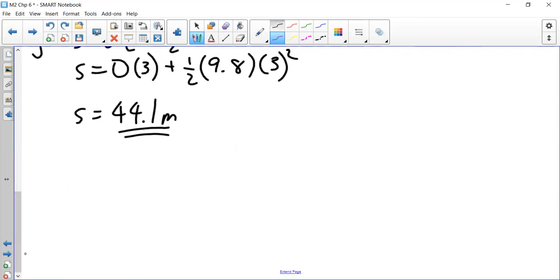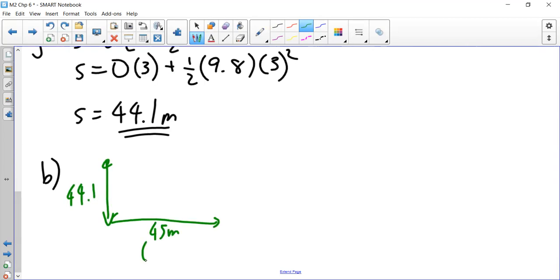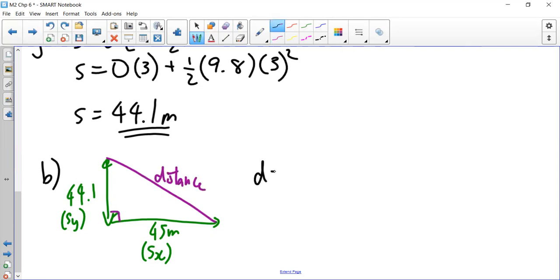Pythagoras. So for part B, distance, you can use this: 44.1 and 45 meters. If you want to, you can put sx and sy in here. Then put a straight line. That's your distance. So the distance therefore equals the square root of 44.1 squared plus 45 squared.